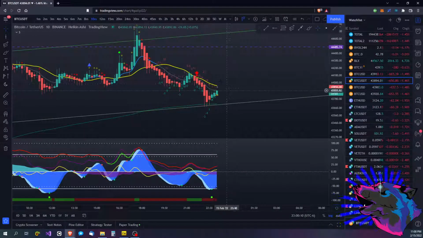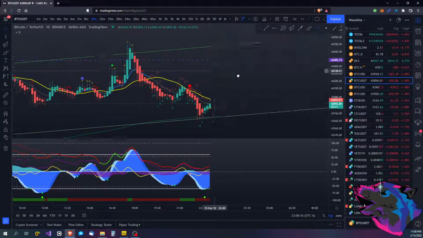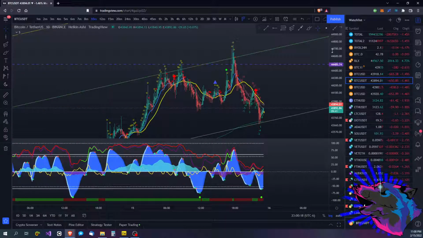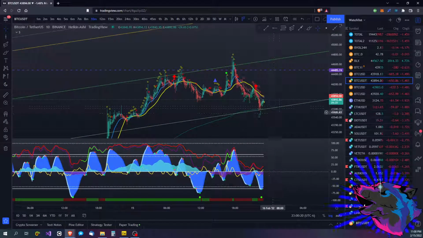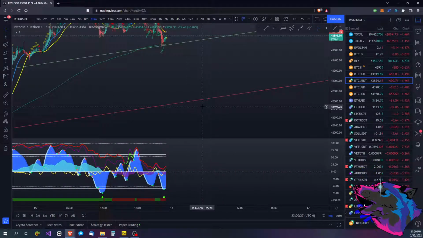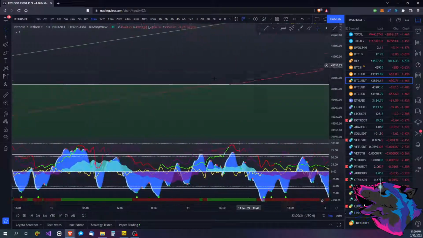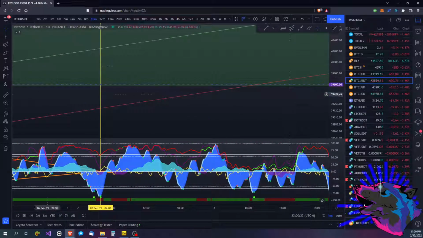Getting up to 24. Yeah, I don't imagine we're going to get above this high right here. So we're likely downtrending. We'll see what happens when we come back to this fib level. We may come all the way back to this red one here, which is far, far away.